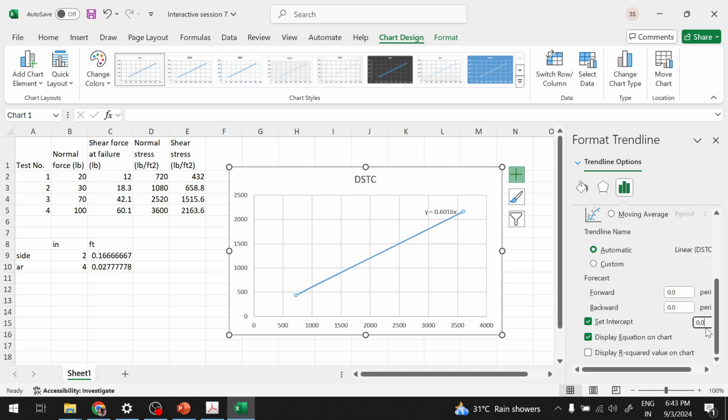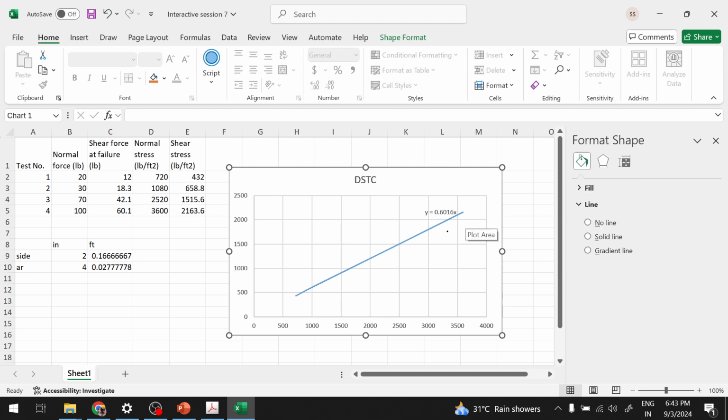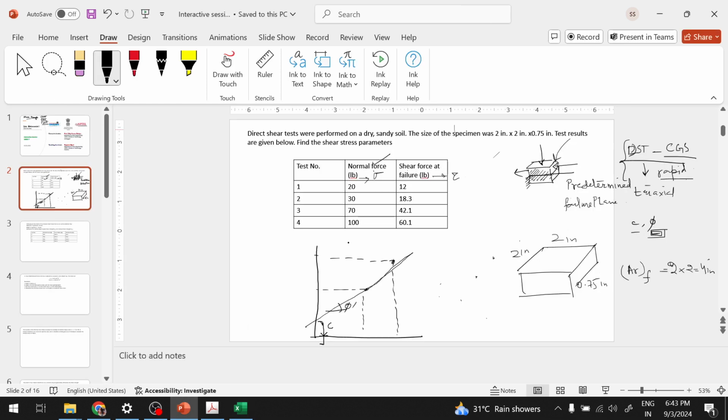Let's call it through a zero intercept. So we will have y equals 0.602x. Now y here is tau, so tau equals 0.602 sigma dash.